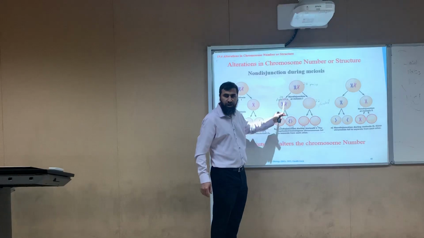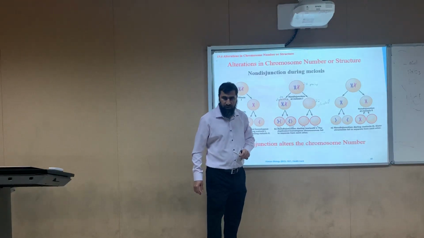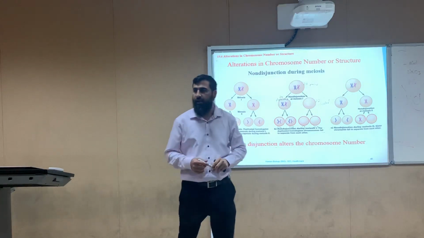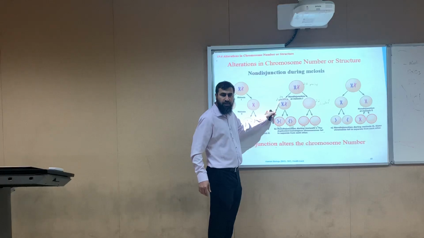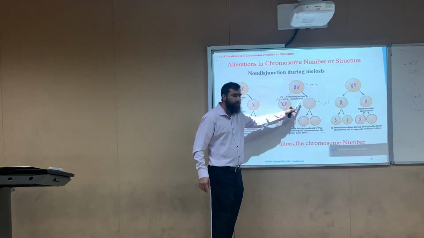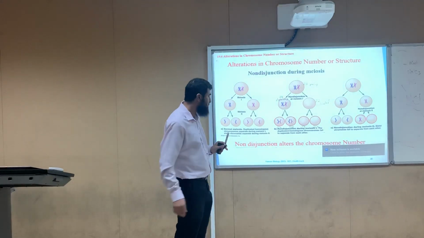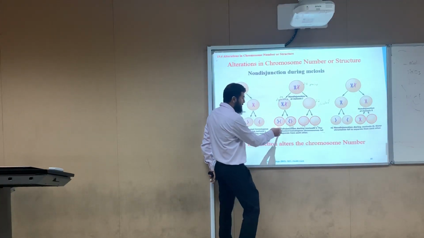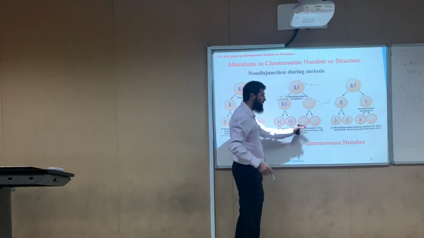We got non-disjunction, so it carried an extra chromosome with it. So it ended up with 24 duplicated chromosomes in this cell, while this one is now missing one, 22. So this can happen both in the autosomes and the sex chromosomes. So we ended up with 24 unduplicated in these cells and 22. They're missing one of the chromosomes.